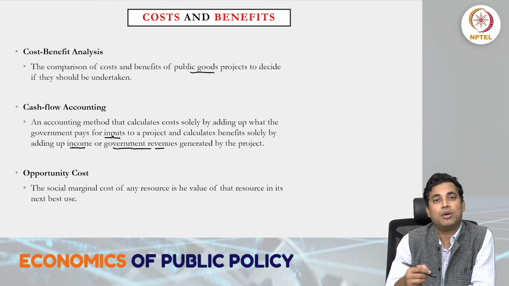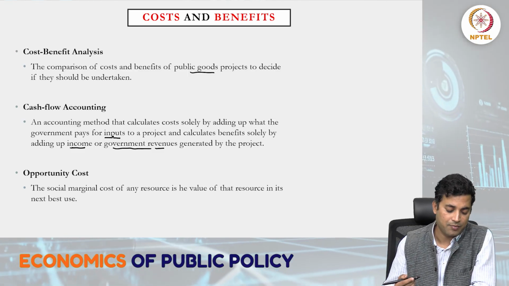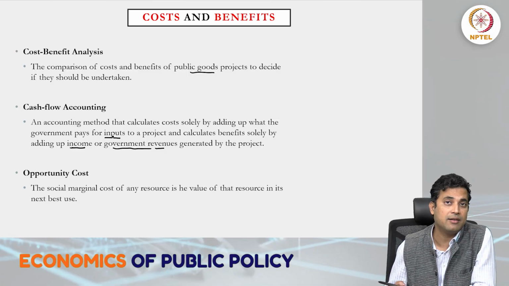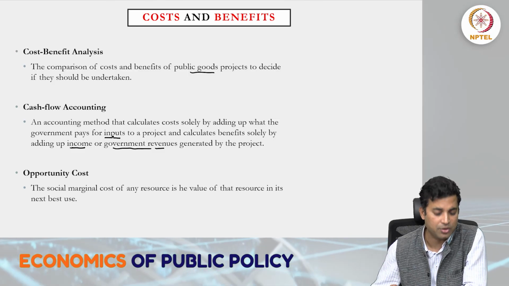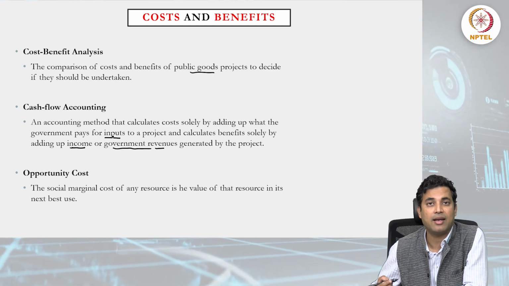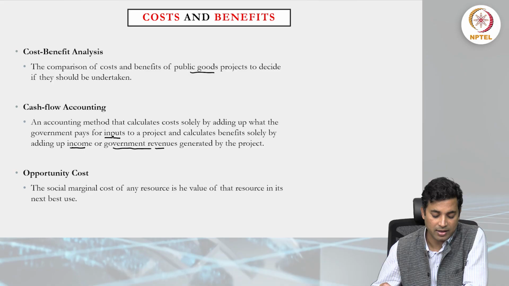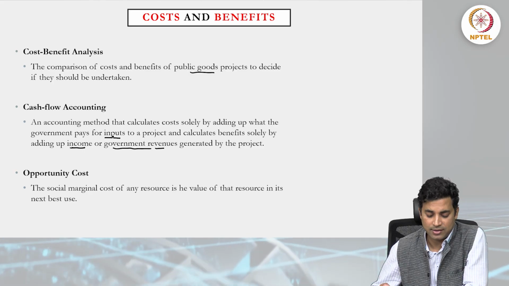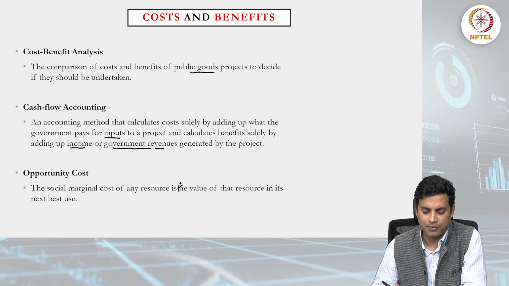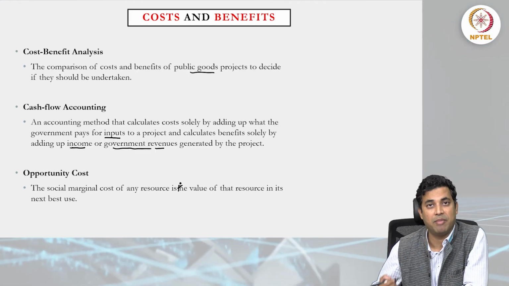In cost and benefit analysis, we generally calculate this opportunity cost, and in this context opportunity cost is referred to as the social marginal cost, SMC, which we already discussed with regard to externalities of any resources. It is the value of that resource in its next best use.